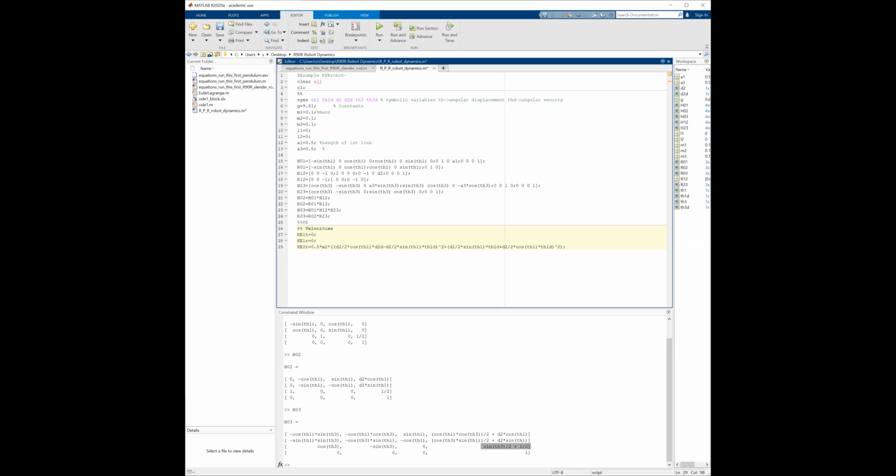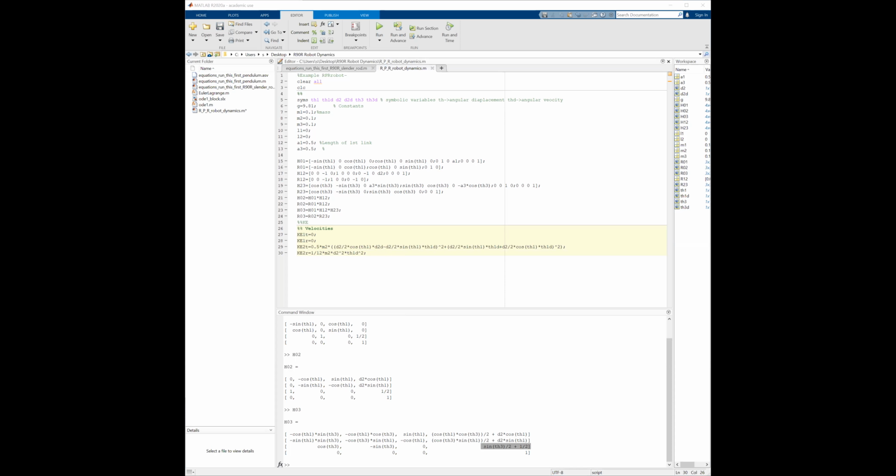Kinetic energy for the rotation of the second mass is this, which is 1/2 m2 d2 squared theta 1 dot squared.